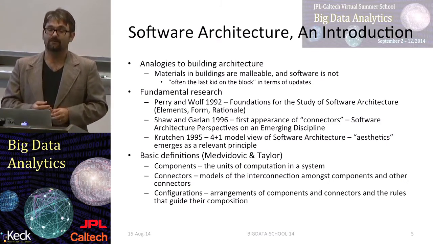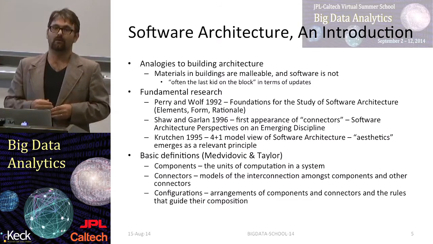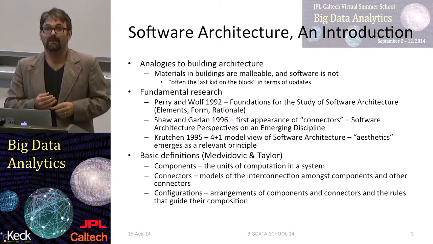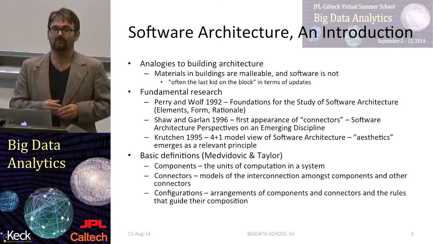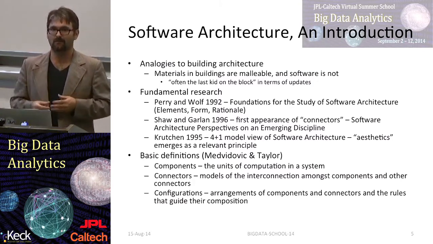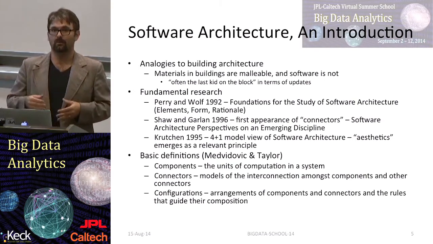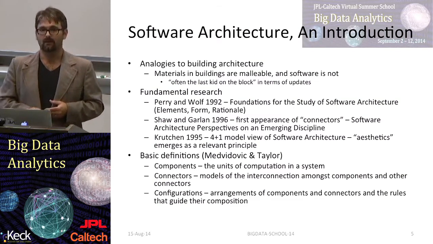Connectors are effectively the way that components interact: request-reply protocols, event-based, publish-subscribe interactions, implicit invocation. How are the components interacting amongst one another? And how do connectors interact too? Sometimes you have connectors which interact with other connectors. Pub-sub is a great example of that, or request-reply or federated protocols.